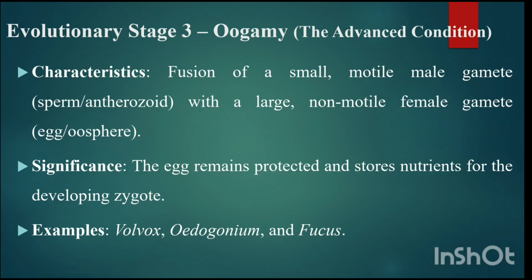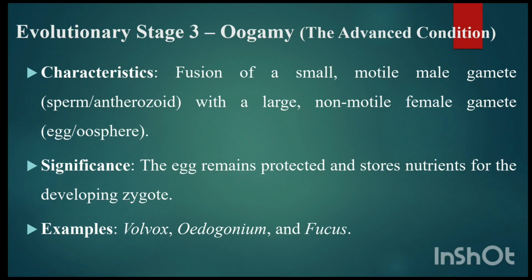Next, evolutionary stage 3, which is oogamy. Oogamy is the most advanced type of sexual reproduction. It involves fusion of a small motile male gamete with a large non-motile female gamete. It is a type of heterogamy, as here the male and female gametes are different from each other.